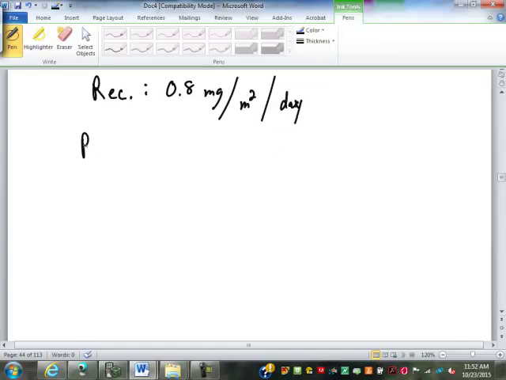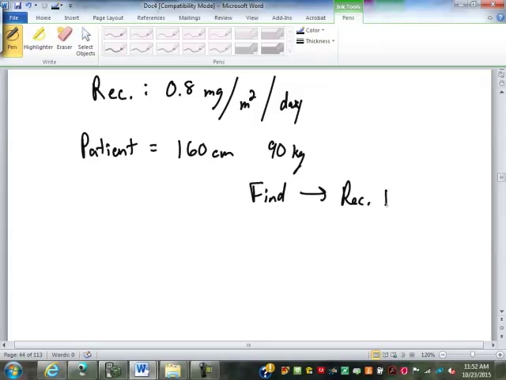For a patient who is 160 centimeters and 90 kilograms, find the recommended dose.